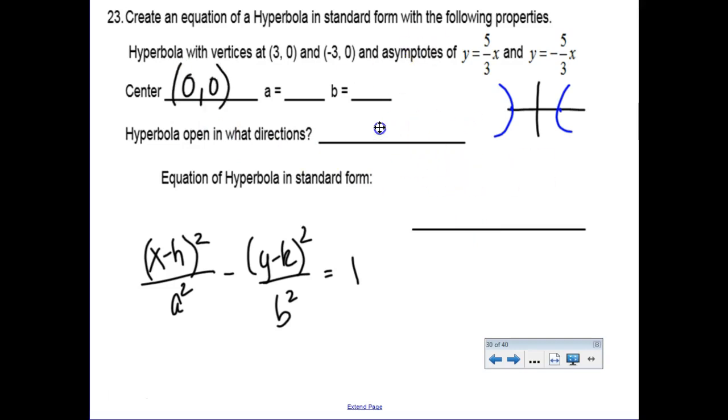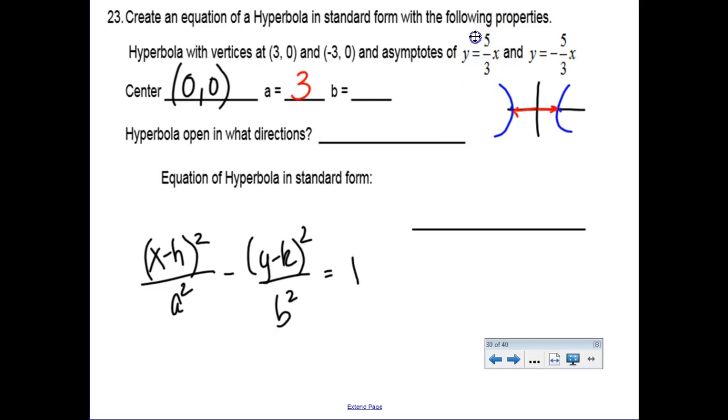The a value and b value are going to be determined because of the distance to the vertices, but also this asymptote equation is going to help me out. I know that the distance to the vertices on a horizontal hyperbola like this is h plus and minus a. So I see that it's 3 units in each direction from the center. So that means a is 3.